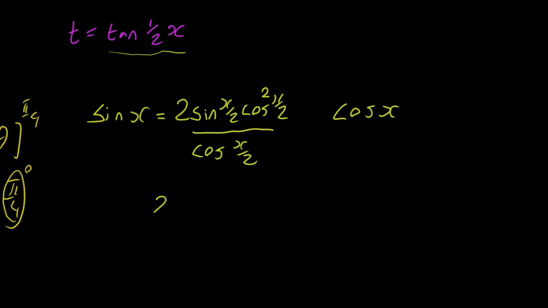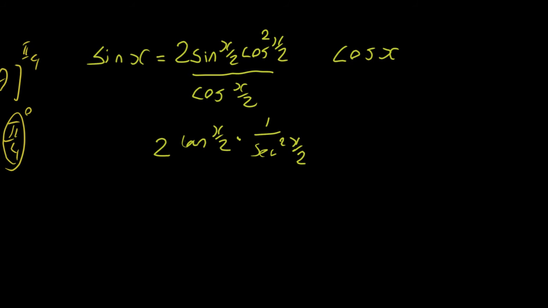And you'll notice that this is 2 tan x over 2 multiplied by cos squared, which I'm going to write as 1 over sec squared x over 2, at which point this becomes 2t multiplied by 1 over 1 plus t squared. So that's our expression for sine x in terms of t.